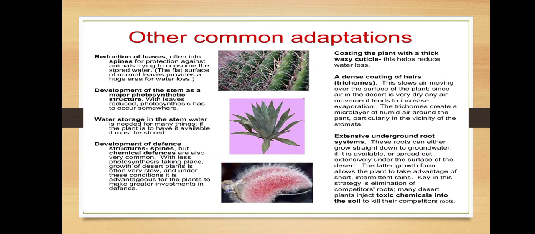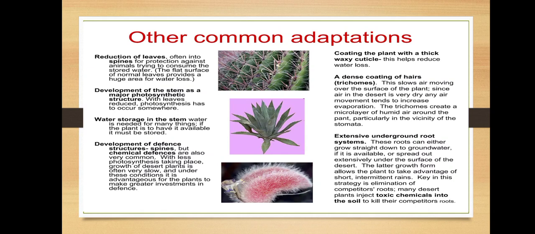Development of defense structures, spines, but chemical defenses are also very common. With less photosynthesis taking place, growth of desert plants is often very slow, and under these conditions, it is advantageous for the plants to make greater investments in defense. Coating the plant with a thick waxy cuticle helps reduce water loss.